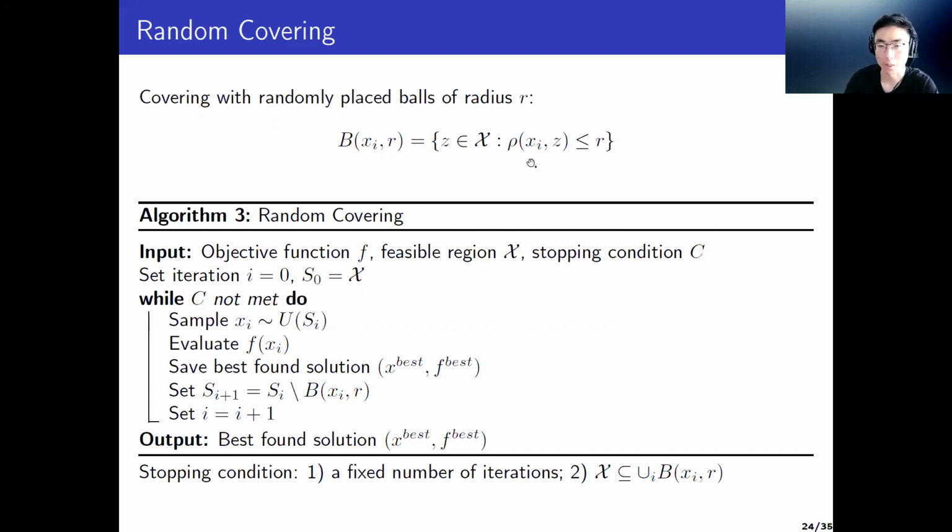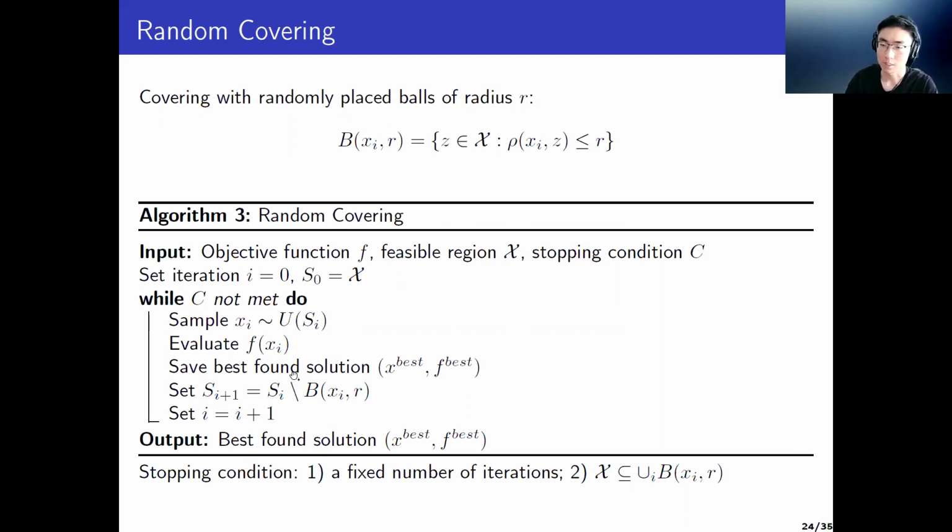For example, rho can be the Euclidean norm, and then this ball here is a norm ball. We sample the first candidate point from the entire feasible region. Then we sample the next candidate point from the previous set minus the ball centered at the previous candidate point with a radius of r. Then the procedure proceeds iteratively.